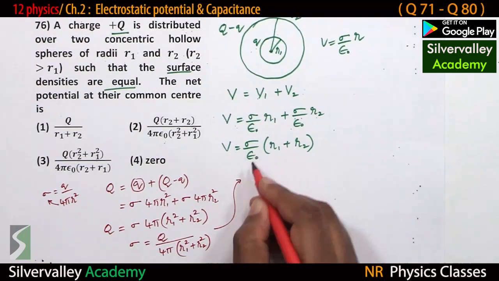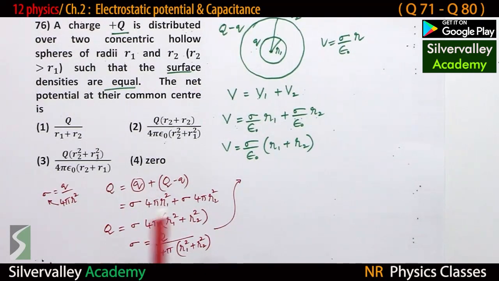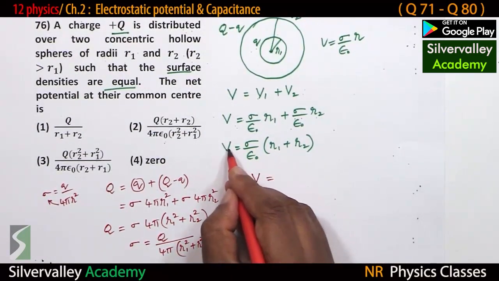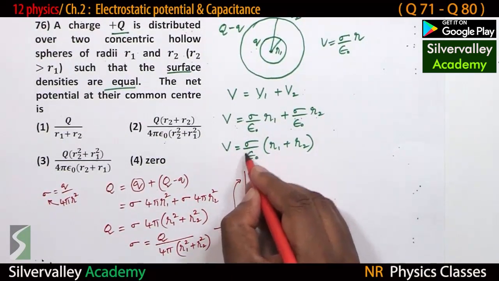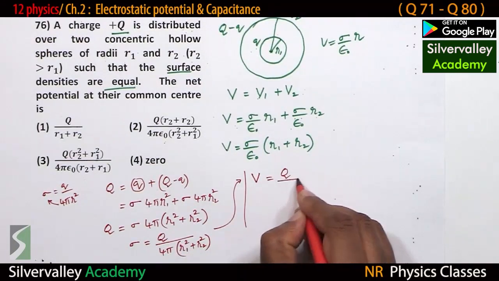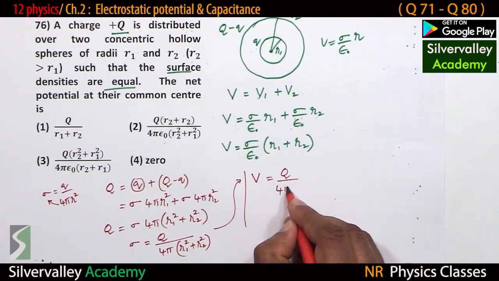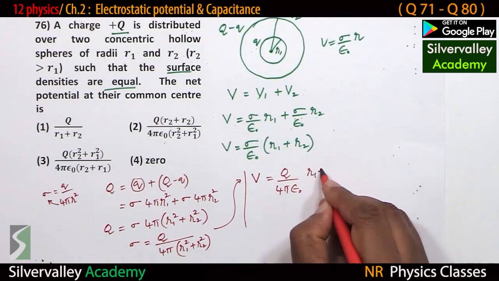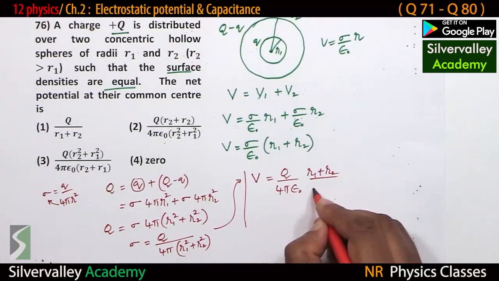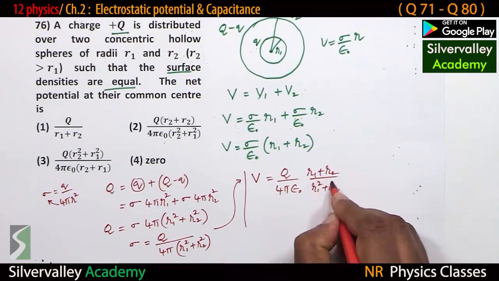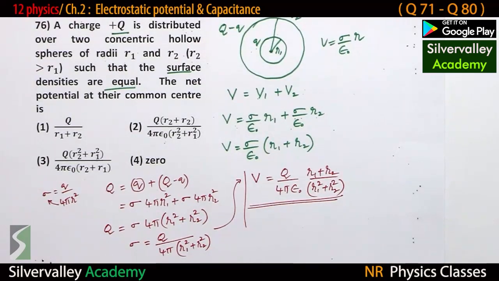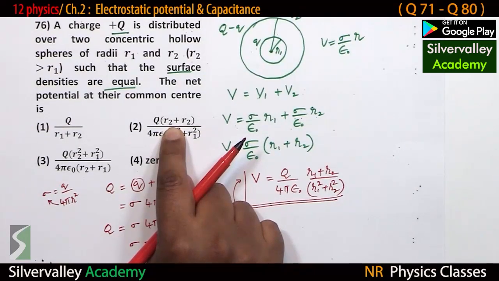Substitute this in the equation. The net potential equals Q by 4 pi epsilon naught times R1 plus R2 by R1 square plus R2 square. Okay. This is the answer.